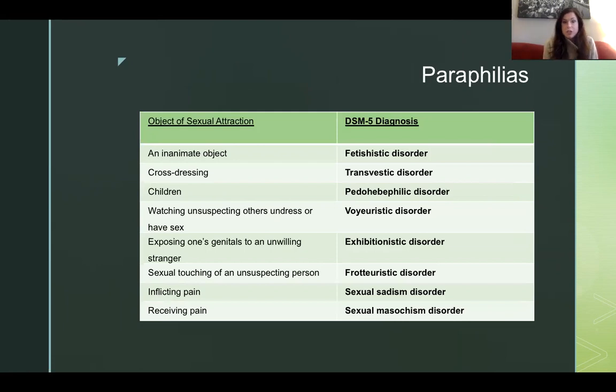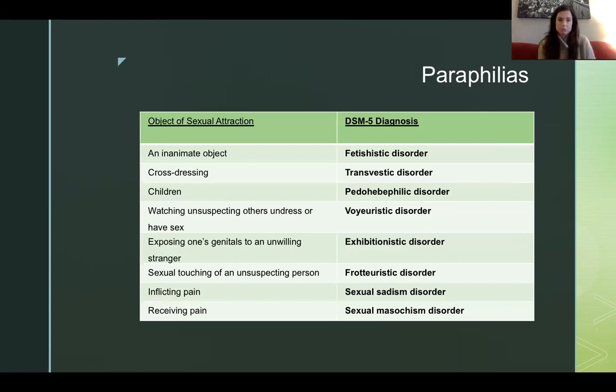Voyeuristic disorder is watching unsuspecting others undress or have sex. So spying on other people, like a peeping Tom. Exhibitionistic disorder is exposing one's genitals to an unwilling stranger. So we've got to look at the differences between these two. A voyeur is someone who's looking or watching, and an exhibitionist is someone who's showing other people who do not want to see these things.